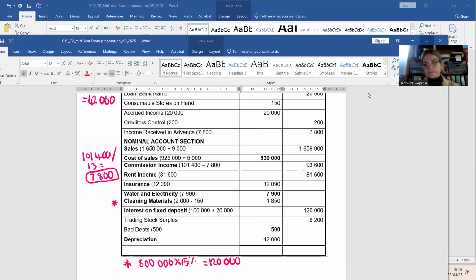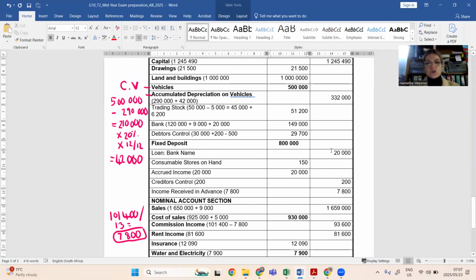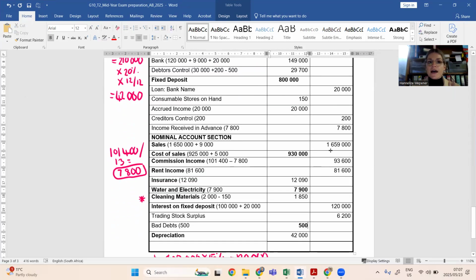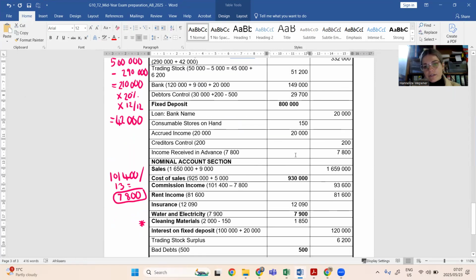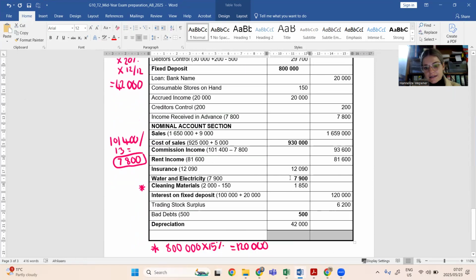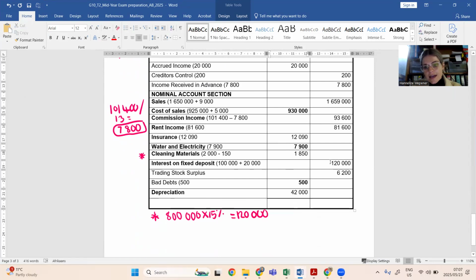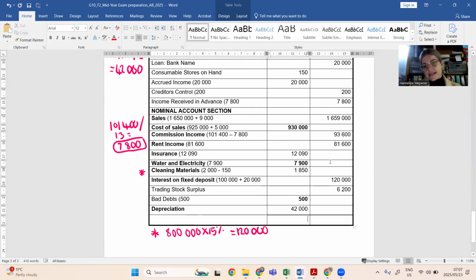So once again, last step, you're not done until you have all of the amounts on the debit and credit side, meaning that you must now add all of the amounts on your debit side and write the total, and all of the amounts on your credit side and write the total, and then you should balance.